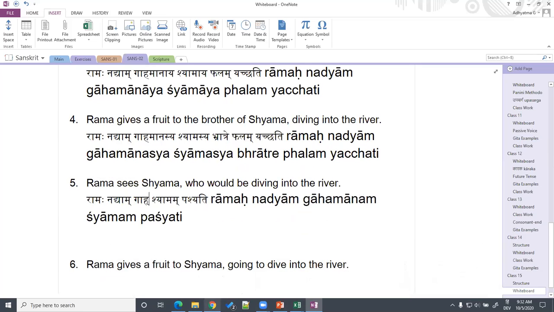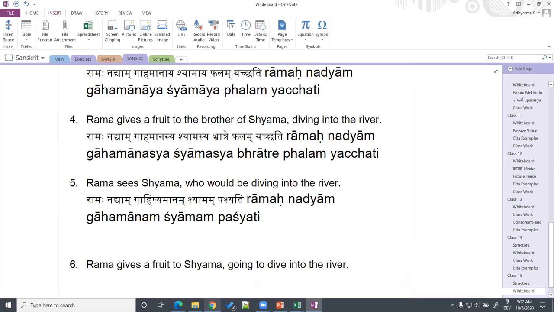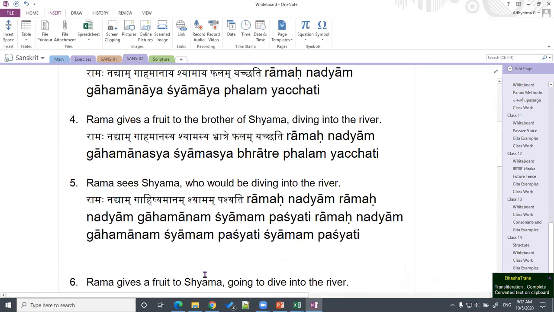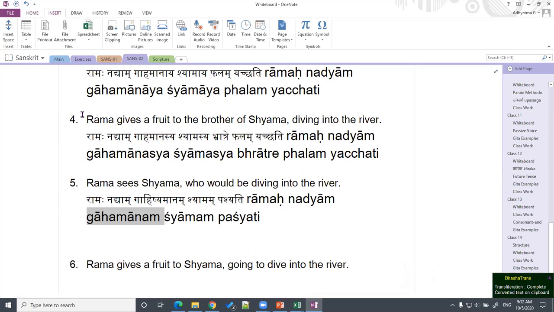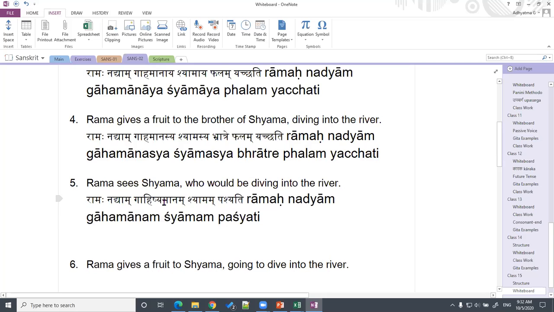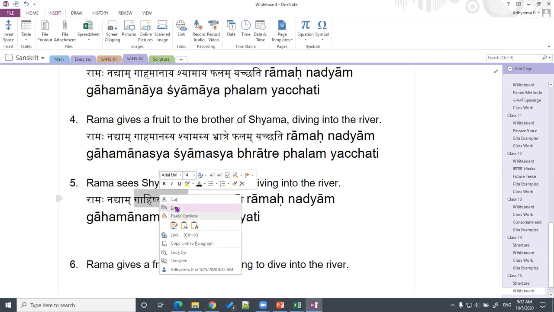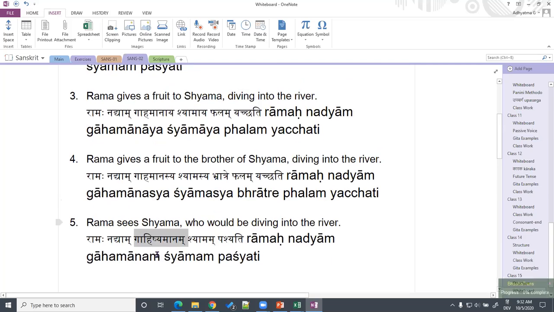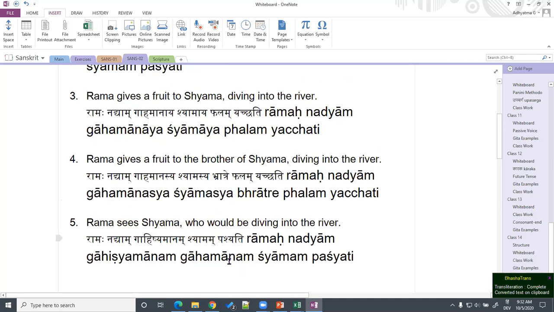So Gahishyamanam. Ramaha Nadyam Gahishyamanam Shyamam Pashyati.